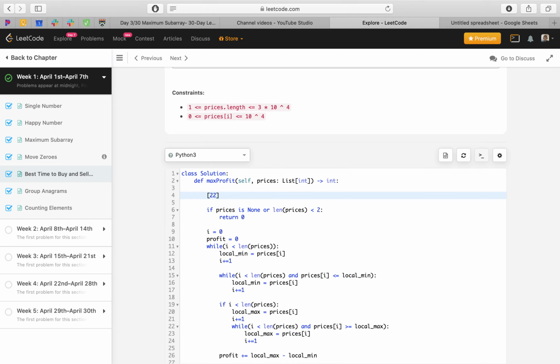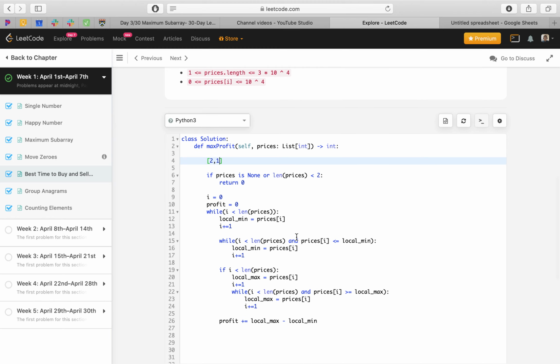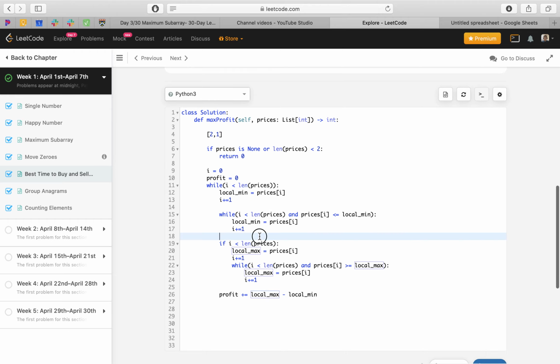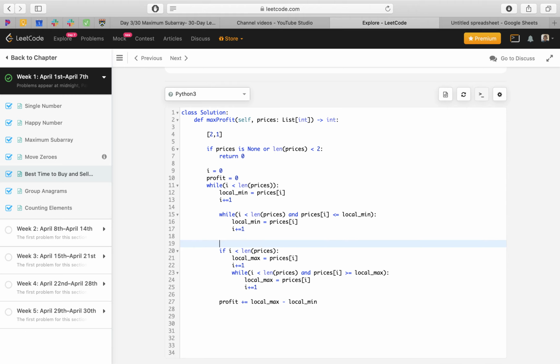Or if we have some case like this, it also gives us an error, because the local max is this. I think what we can do is set the local max equal to the local min.